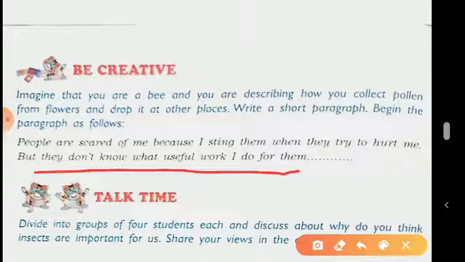Then, comma, when I buzz near another flower or sit on it, comma, the pollen from my body are transferred to that flower.